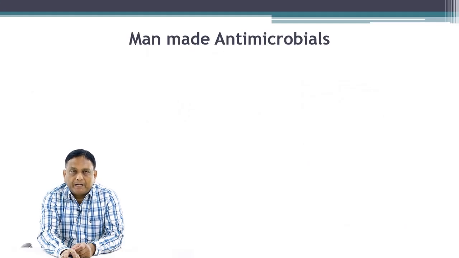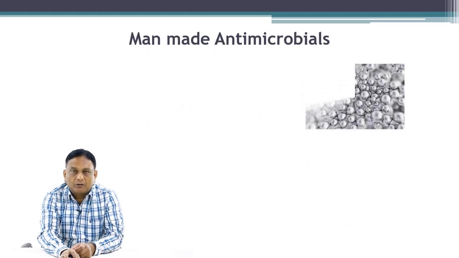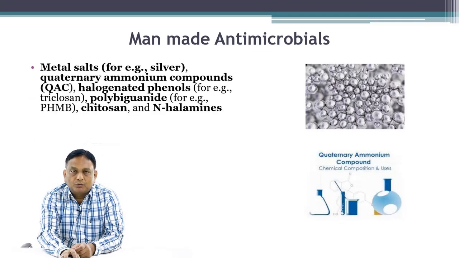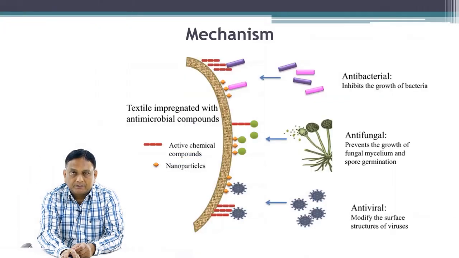There are of course man-made antimicrobials also available, developed by human beings. Some examples have been shown here: metallic salts like silver, quaternary ammonium compounds, halogenated phenols like triclosan, chitosan, halamines. So those are all man-made antimicrobials.